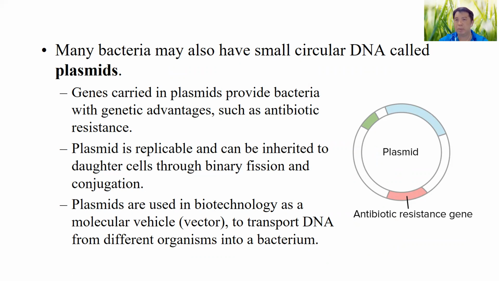A vector is like a vehicle to carry foreign DNA, or DNA from a different species, into the bacterium. Once the bacteria divide by binary fission, the plasmids also divide and carry the foreign genes, so the foreign genes also divide.